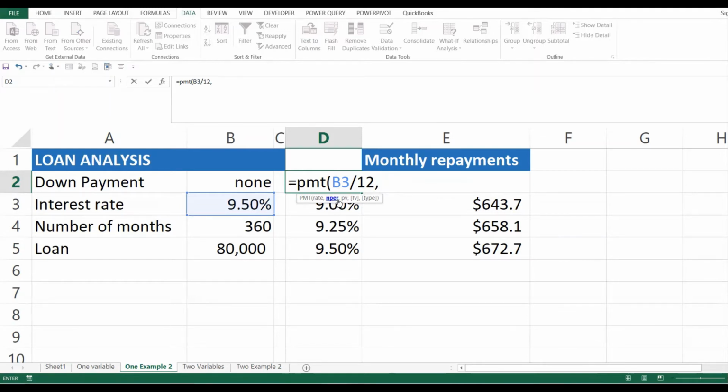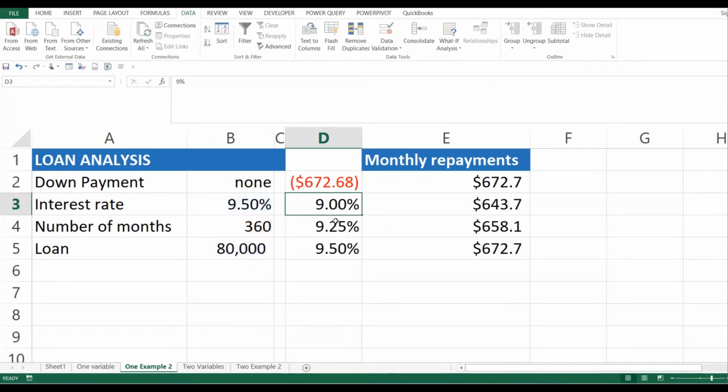The next is the number of periods. So the number of periods is 360. I click there. The next argument is the present value of the loan. The present value of the loan is 80,000. I put that in and close my brackets.